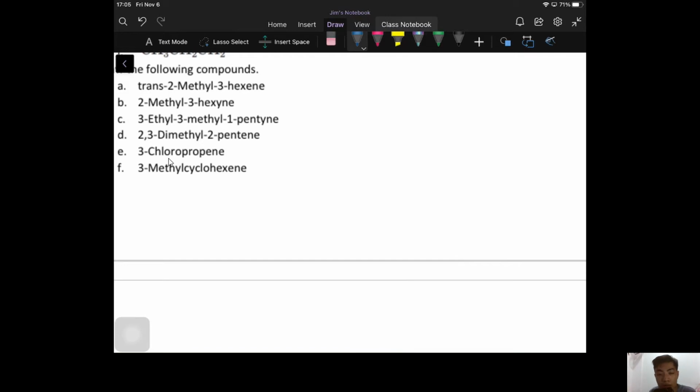Ang 3, that tells you na yung iyong chloro ay nasa carbon 3. Okay? So ganun. Yung meaning naman ng propene, ibig sabihin nun, may double bond ka sa first carbon. Hindi na binigay yung 1-propene na. So ganun lang. Okay? So ganun lang, propene.